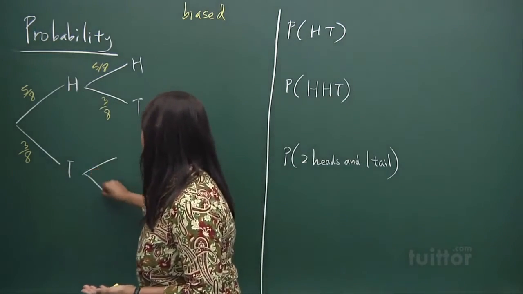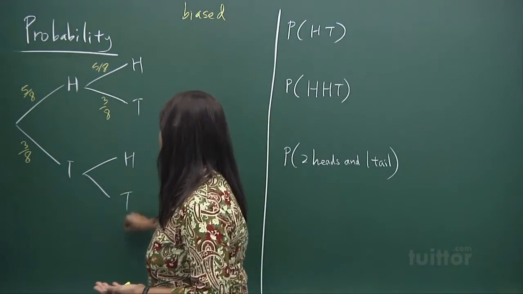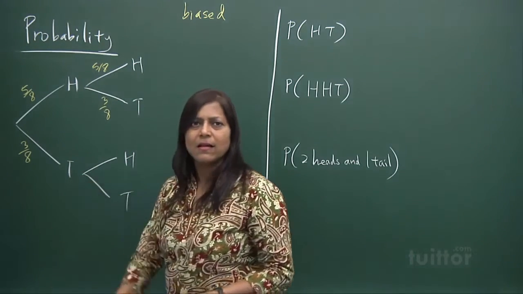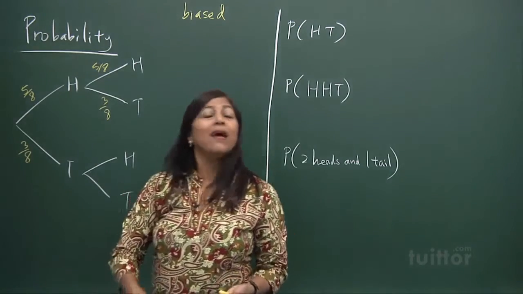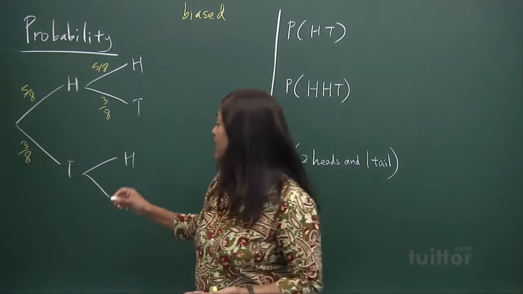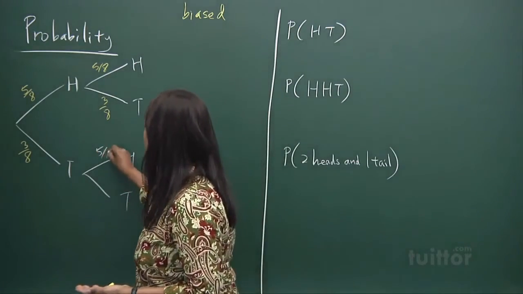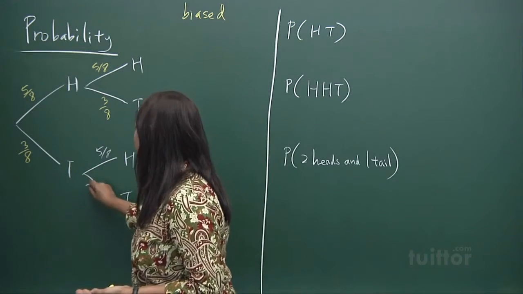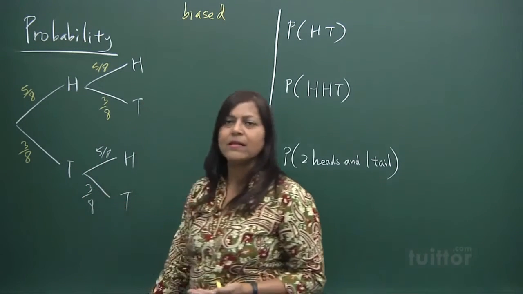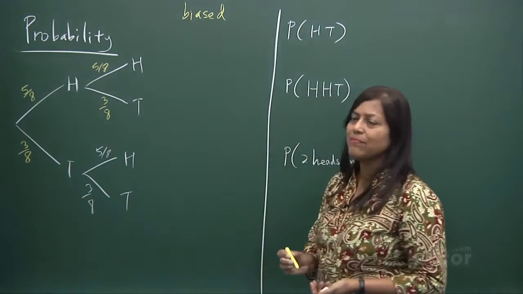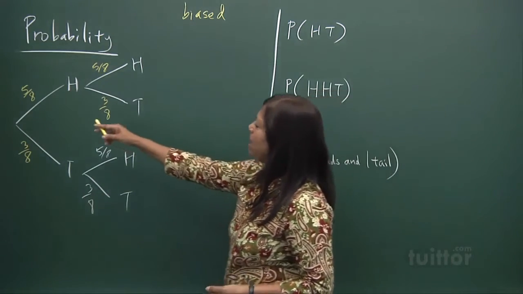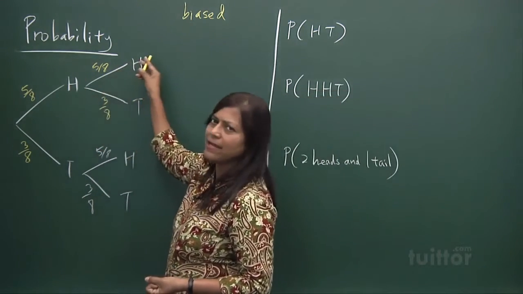Now I get a head or a tail. What's the chance? A tail is 3/8. I throw it again, a head is 5/8. How about a tail again? 3/8.